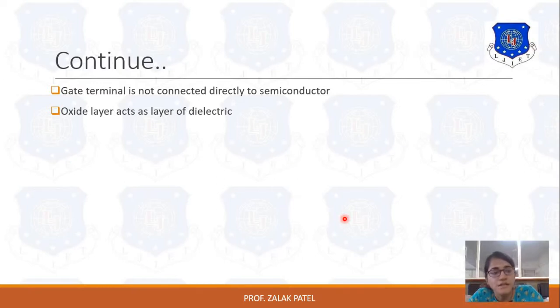That is how the SiO2 layer affects the junction capacitance. The input capacitance depends on this layer of SiO2, meaning C equals A epsilon upon D. According to this equation, if the dielectric of the material changes, then the capacitance also changes.